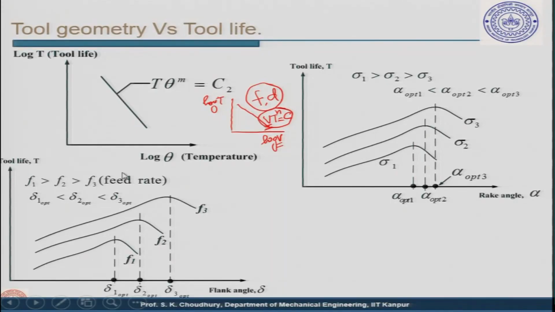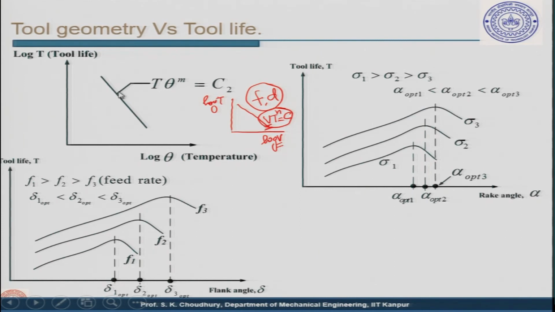So, if we monitor the rise in temperature, overall we can say this is how the tool life is being affected by the increase in all three parameters: cutting velocity, feed and depth of cut. Therefore, this curve of log T and log theta, which is the temperature, says that there is a combined effect of velocity, feed and depth of cut in terms of temperature, and this is the curve in the log scale.